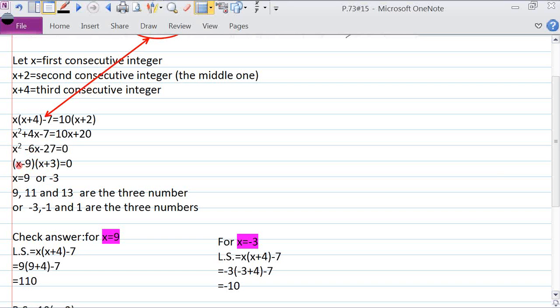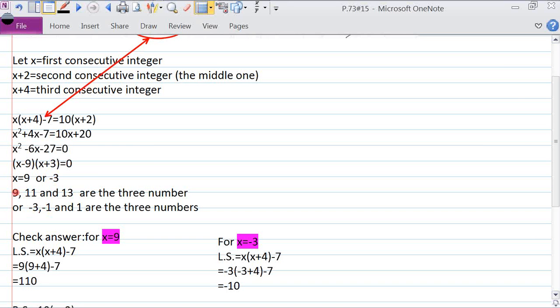So those are the factors, x minus 9 and x plus 3 equals 0. I set x minus 9 equal to 0, and I get x equal to 9. Or I can set x plus 3 equal to 0, in which case I get minus 3.